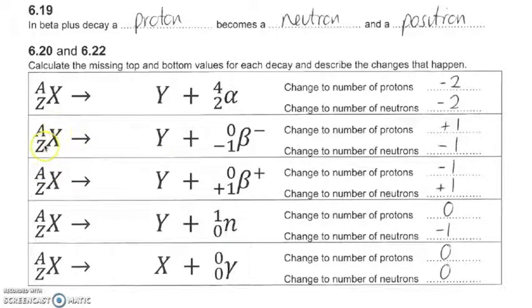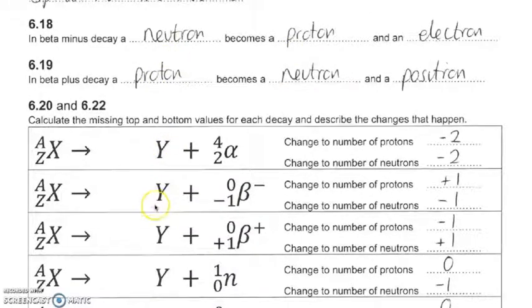We've got our original element, with its mass number and atomic number, which will then decay into another element where its mass number and proton number will change, and we've emitted a beta minus particle. Essentially we're going to have one more proton here because a neutron is becoming a proton, but our mass number will stay the same.